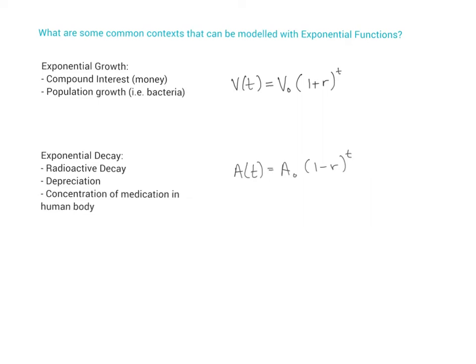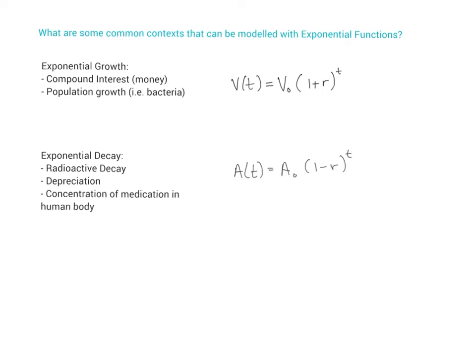Then you get exponential decay as an option as well. Here's one where they're not always directly exponential. This one is, though. This has been tested for sure in lab situations, but it's looked at as being true in real life situations as well. Depreciation refers to how the value of your car goes down as time goes on.